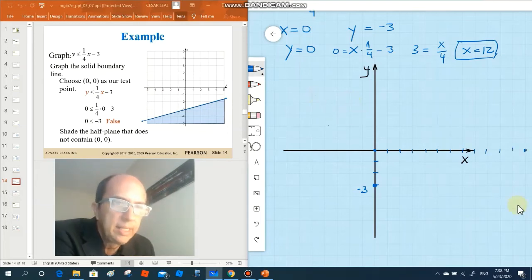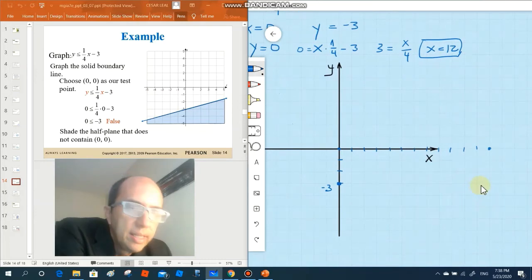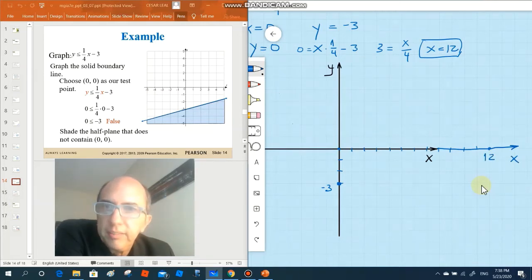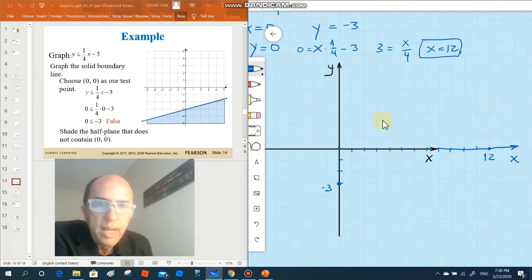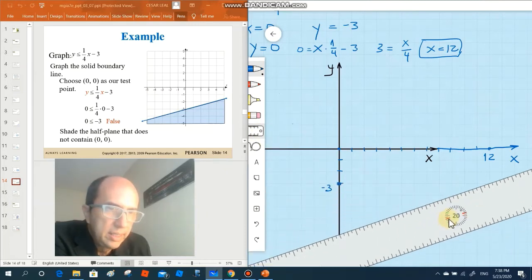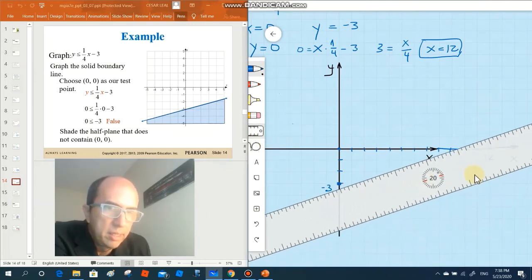Let's extend the x-axis here up to this point, and 12. Connect the points.